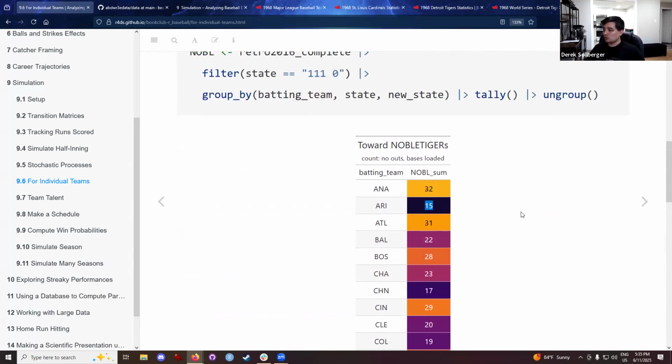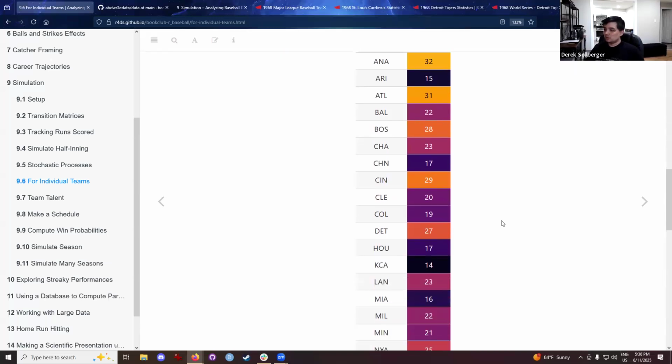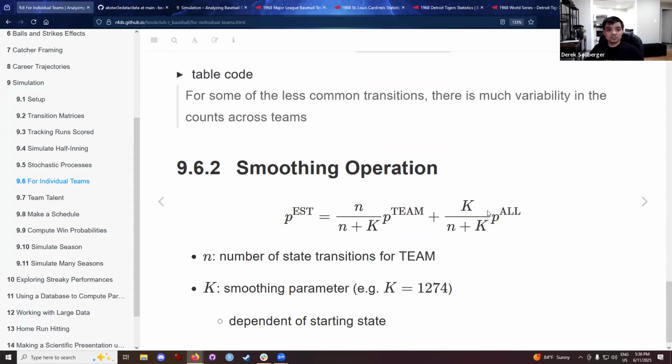For a lower number, such as the Arizona Diamondbacks, you would increase this number back up towards the mean. So loosely speaking, this is a regression towards the mean, but done quite intentionally, to give sabermetricians more reliable predictions.